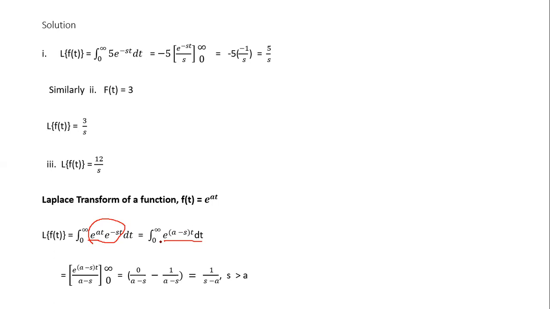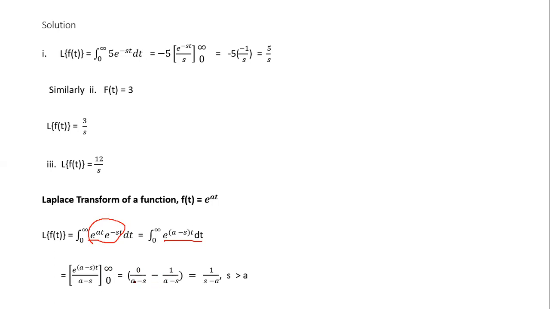Therefore, we are going to get exponential a minus s times t all over a minus s. Then just evaluate the limits. So when t is infinity, we are going to get 0 over a minus s. When t is 0, we are going to get 1 over a minus s.